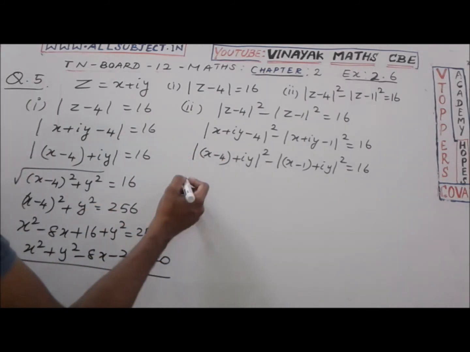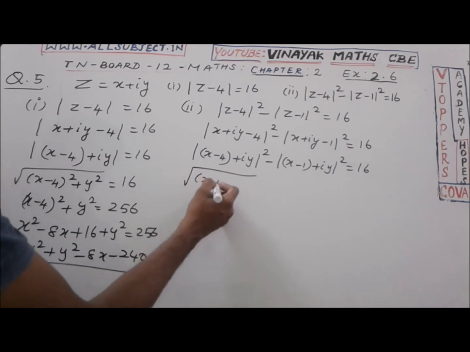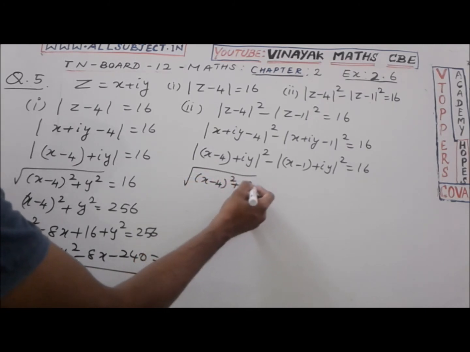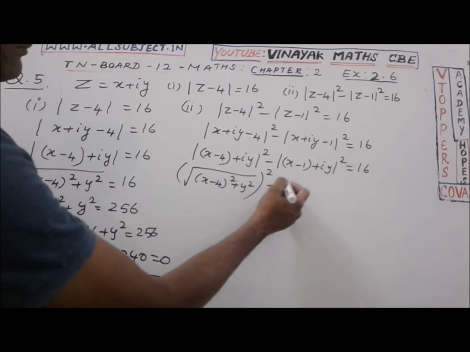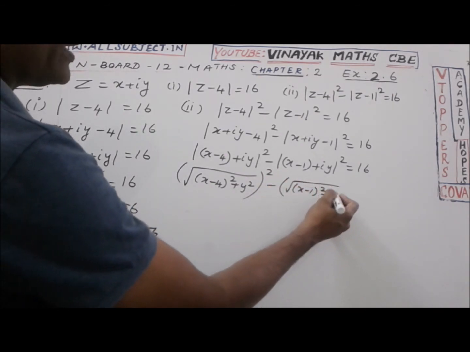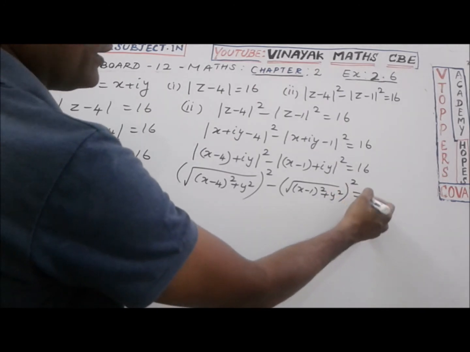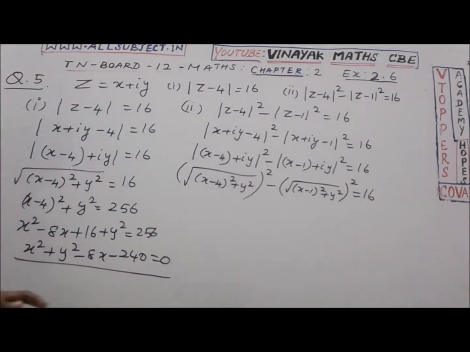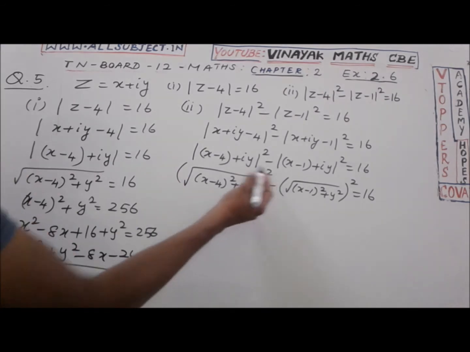Now taking modulus, root of x minus 4 whole square plus y square, whole square, minus root of x minus 1 whole square plus y square, whole square, equal to 16. Now square root gets cancelled because of the square.